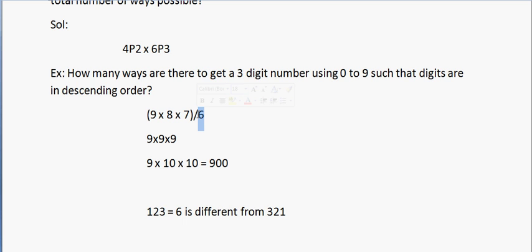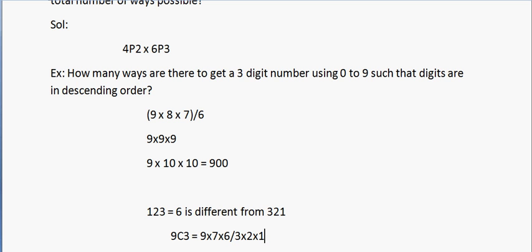The other way of thinking about it is that it is equivalent to nCr. It is equivalent to 9C3. It can be written as 9 into 8 into 7 divided by 3 into 2 into 1.